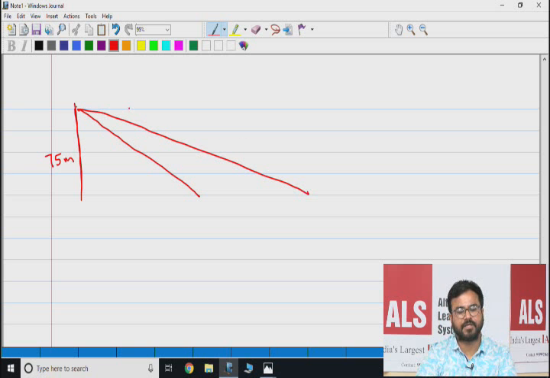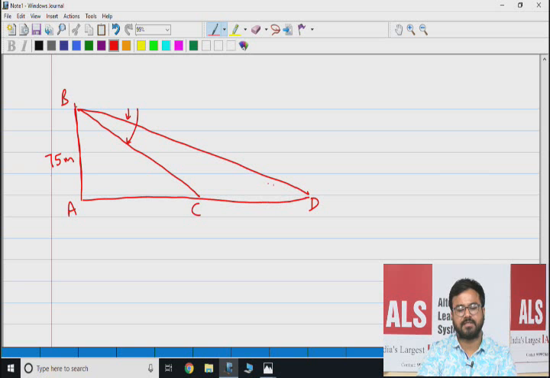The angle of depressions are there. It means this is one angle of depression, this is second angle of depression. So I have told you in the starting that angle of depression and angle of elevation is same for the same case. So by the alternate angle theorem, the angle of depression for the ship which is at point D, the farther one has the lesser angle of depression.